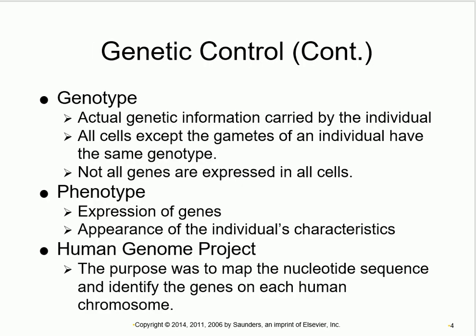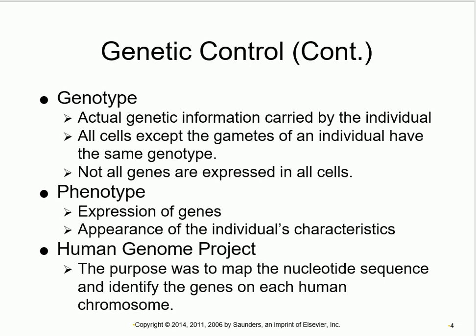So genotype and phenotype. Genotype is, we're talking about the actual genes. All 22 pairs of chromosomes have the same characteristics. If I have chromosome number 3, chromosome number 8, and chromosome number 21, all of them will carry the same set of genes.